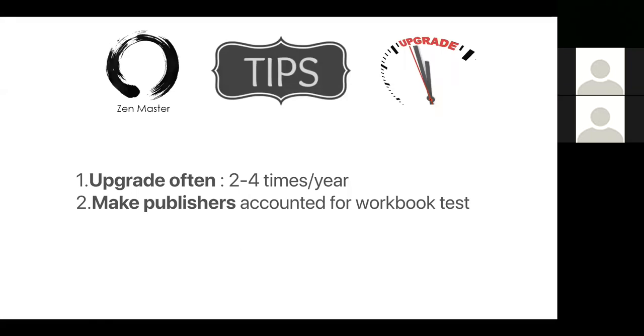Now, one big thing we struggle with is this: we put in our efforts as a server team and upgrade our servers. Then we potentially get a lot of complaints from our publishers, saying the server upgrade broke their dashboards. So this is one of my lessons learned, and the one tip I'm going to share with everyone. You need to find a way to make your publishers do the necessary workbook testing.